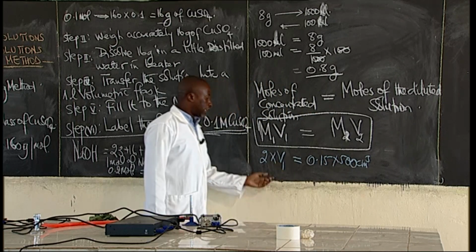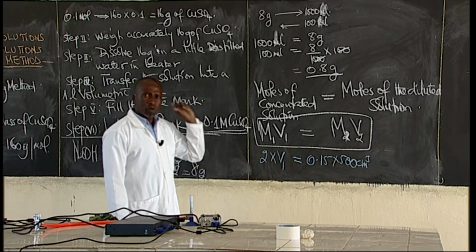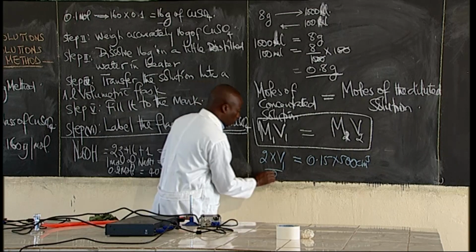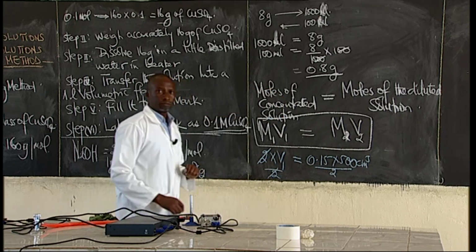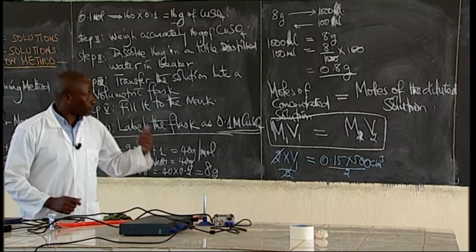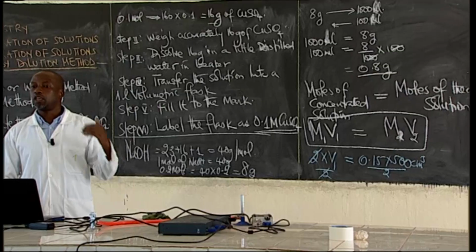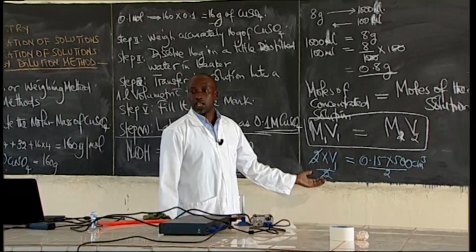So what do we need now? We need to find the V1. That is the volume of the concentrated solution. We divide by 2, both sides. Then we get the value of V1. The value of V1 can be got in decimeter cubed usually, or in centimeters cubed.